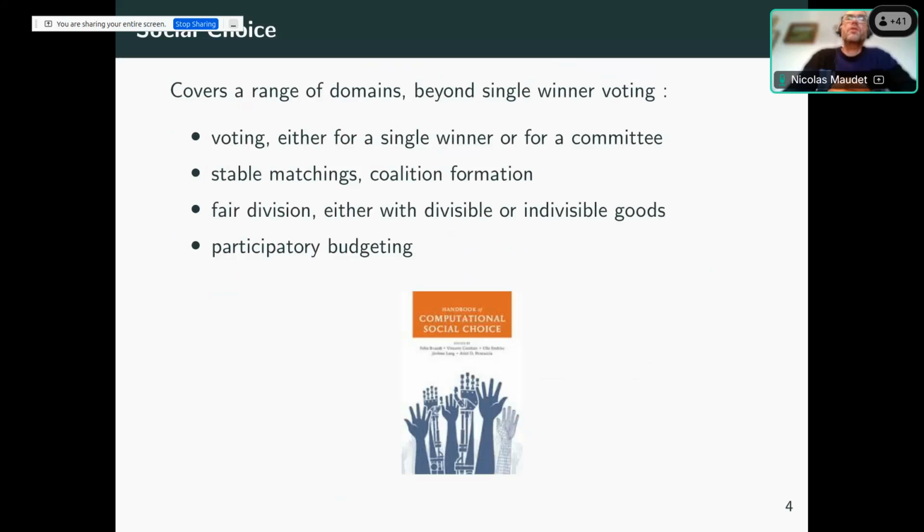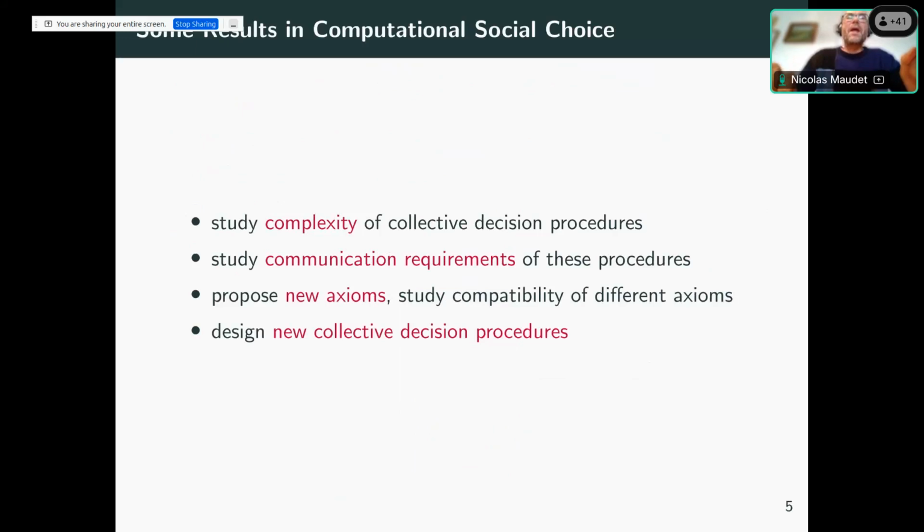One of the key questions here is to define what it means to be fair. I also wanted to mention participatory budgeting, which has recently seen nice progress with a new procedure being proposed. There is a handbook on computational social choice that I recommend if you are interested in that topic.